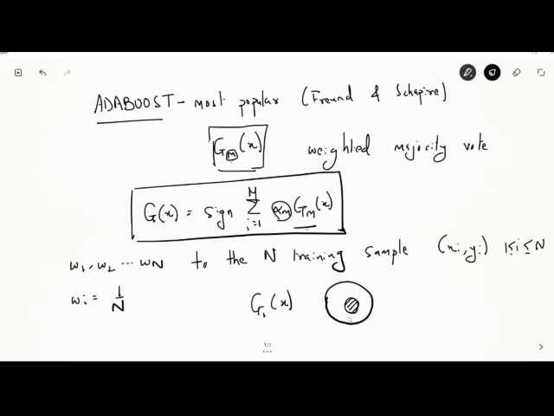So not only are we giving votes to the classifiers, we are also changing the weights associated with the training samples at every step. Now this modified data set will be used for the next step. So this motivates the following schematic diagram.